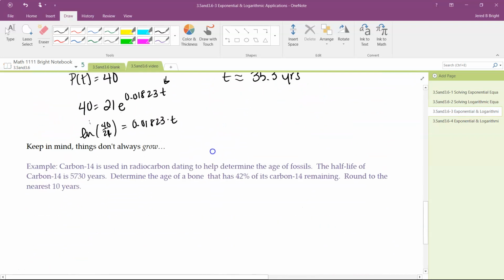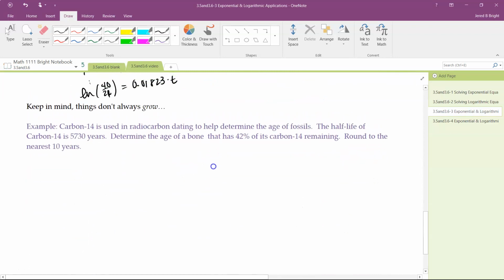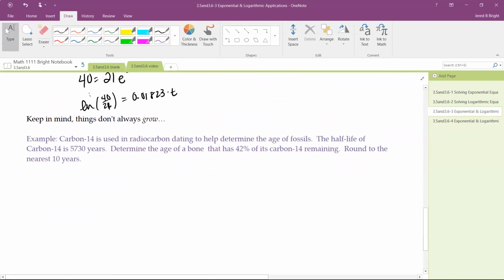Now another example of using this function. P of t is equal to P naught e to the rt, kt, whatever, so you can use different letters there, is where we have exponential decay. Instead of things growing, it decays.